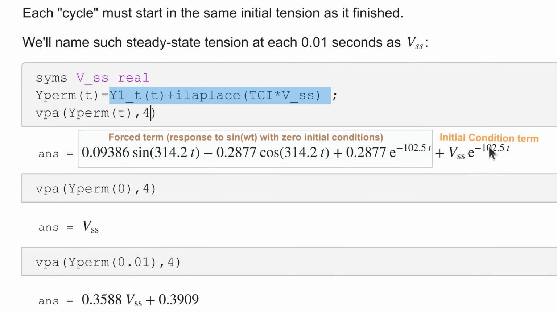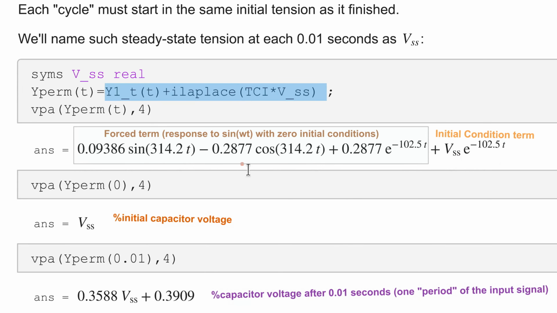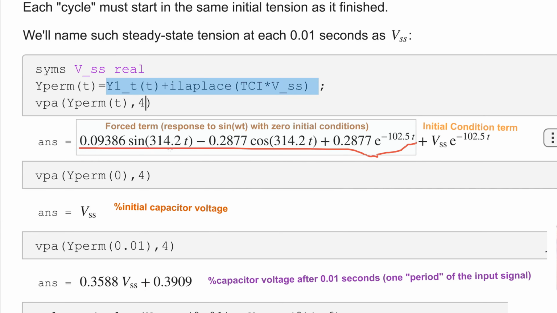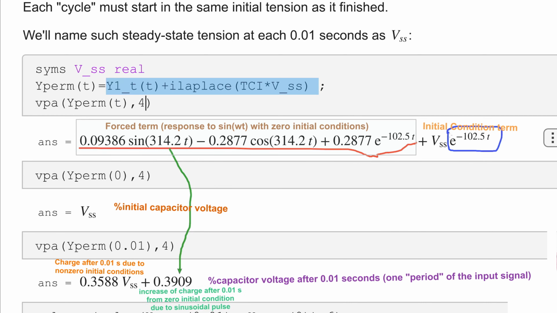But okay, just solving these equations, this VSS is a symbolic variable. Here we have it. And if we find the value of VSS so that when I replace time by 0.01, the result of evaluating this expression coincides with VSS, which is the initial condition, then we will get the steady state. If I replace time by 0.01, all of this evaluates to a number, in particular this one, of course, because it's the fourth term after 0.01 seconds, and then this thing evaluates to 0.36 times VSS.